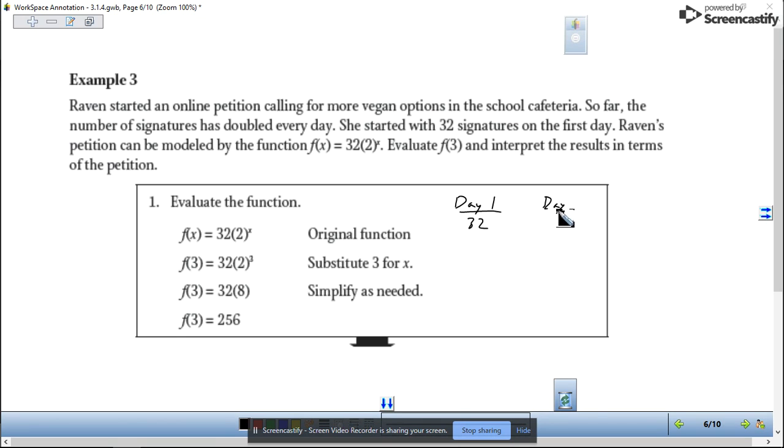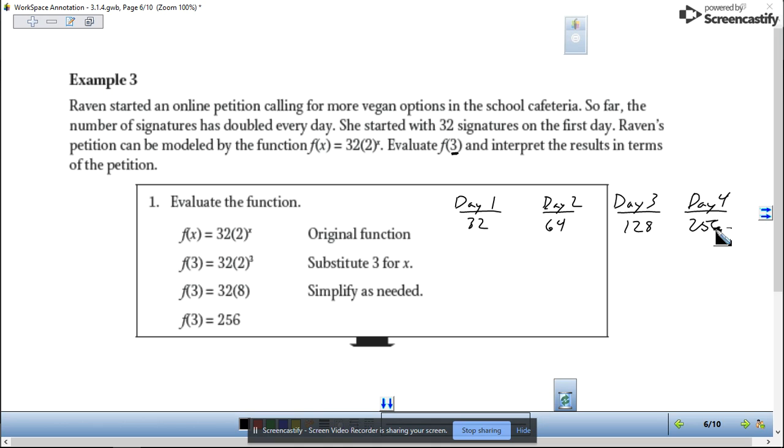Day 2 is double, right? So that'd be 64. Then day 3, that doubles, okay, which is 128. And then day 4, which is actually only 3 days after the starting date. So that's why this is f of 3. Then we're going to have 256.